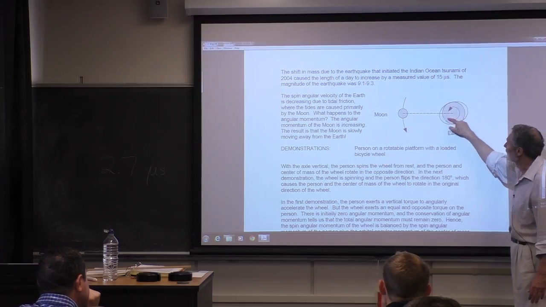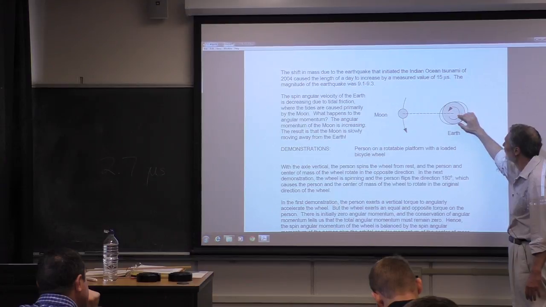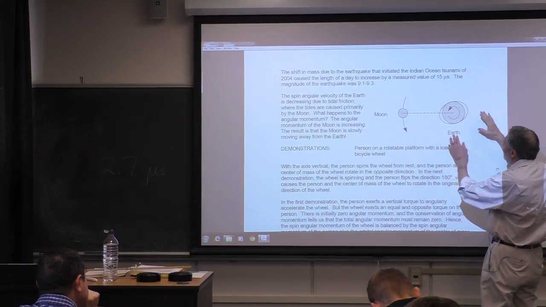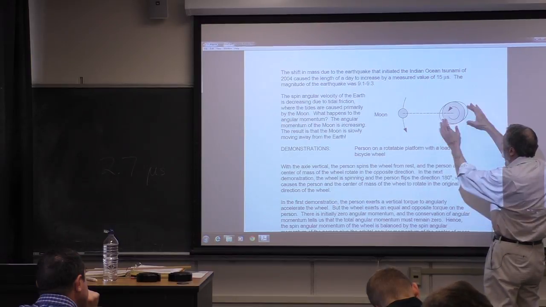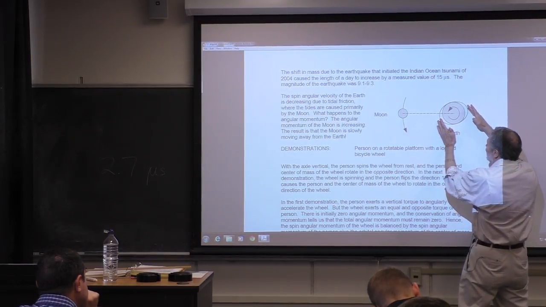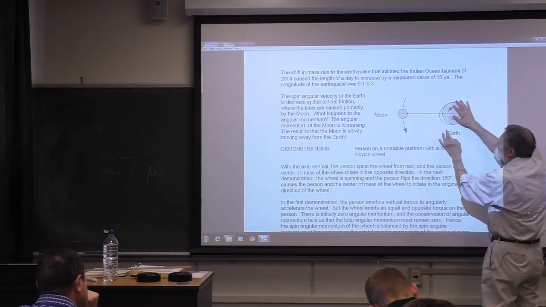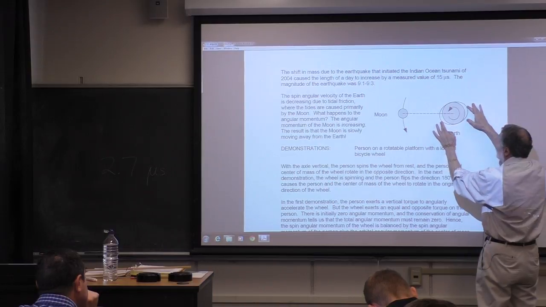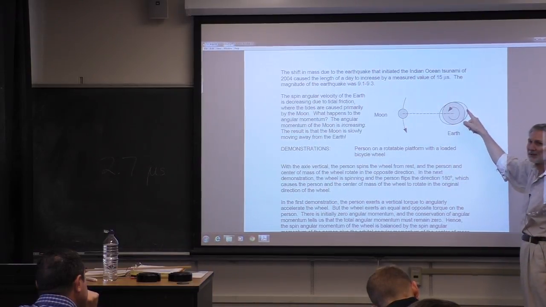If the Earth's rotating this way, we're looking at a top view here. There are tides due to the gravitational effect of the moon. Due to the rotation, it's going to cause this shift. Now if you look at the moon, you see this mass here and this mass here?